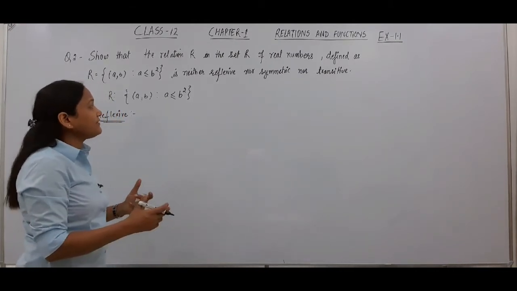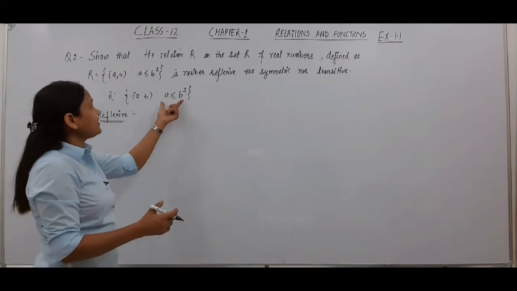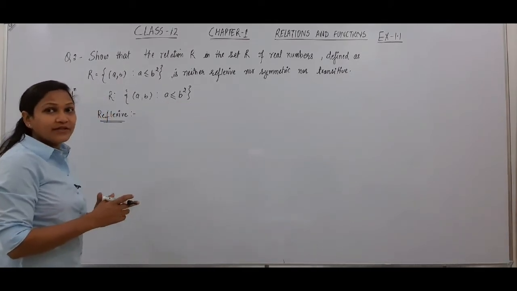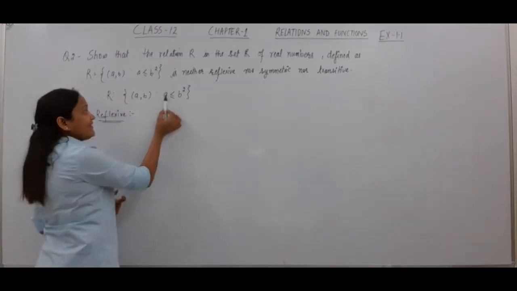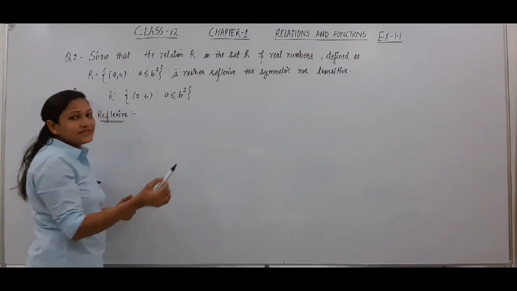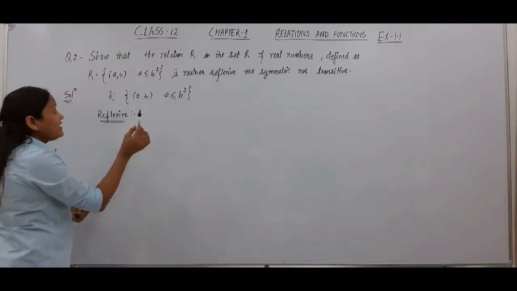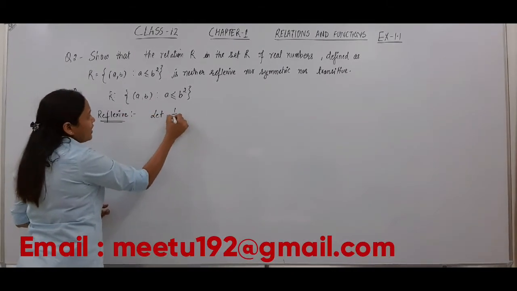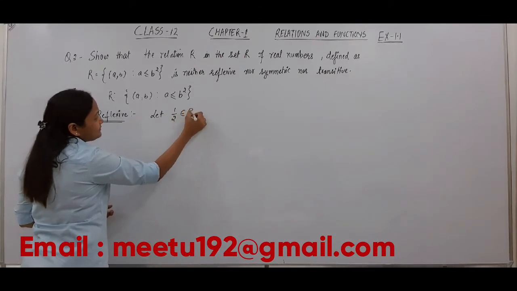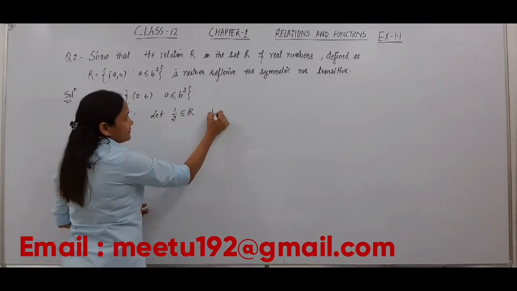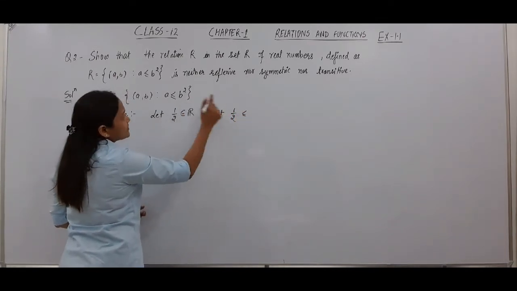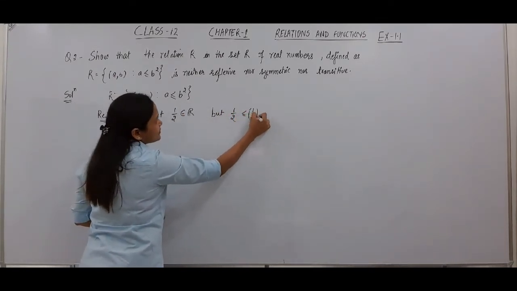आपको एक example create करना है जिससे आप ये show करो कि देखो this relation is not reflexive. तो reflexive property क्या होती है आपकी कि हर एक element अपने आप से related होना चाहिए. But in case of real numbers, let us take an example of half. Half is a real number, but half is not less than equals to half square.